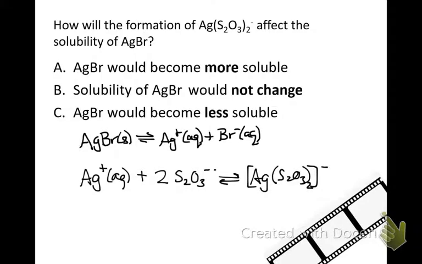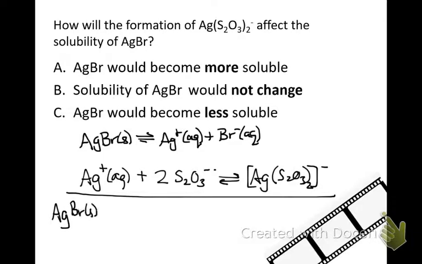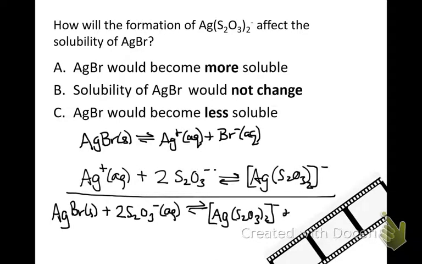We can think about these reactions happening together so that we get this net reaction of AgBr solid plus thiosulfate goes to silver thiosulfate plus Br minus.